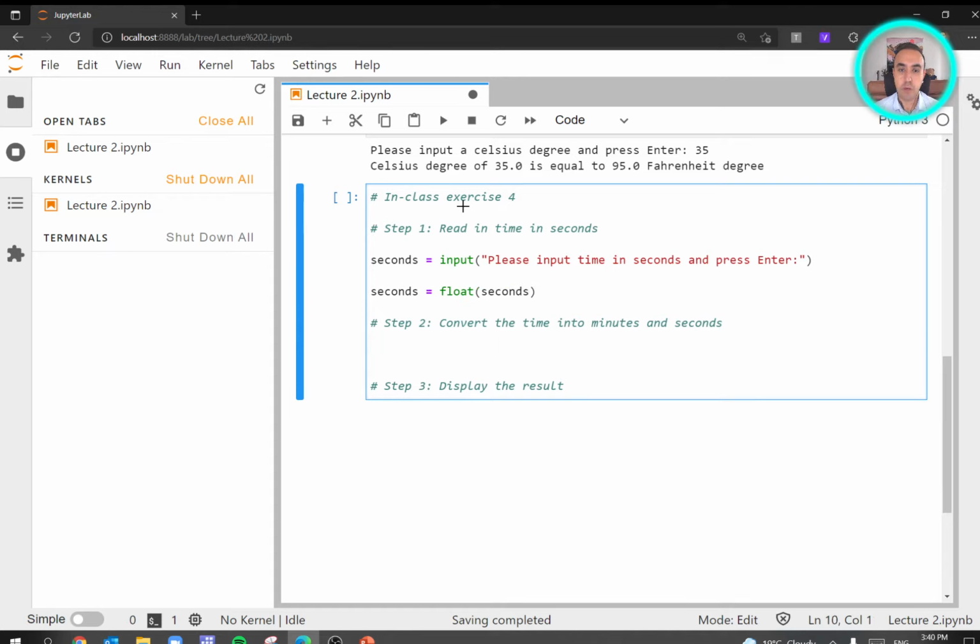numerical value. Since this is time in seconds, one could argue that the seconds cannot be a floating point literal. It can only be integers, like 1 second, 2 seconds, so there is no such thing as 1.5 seconds.